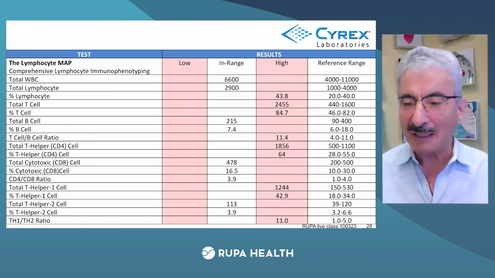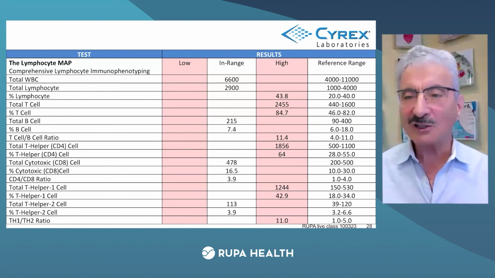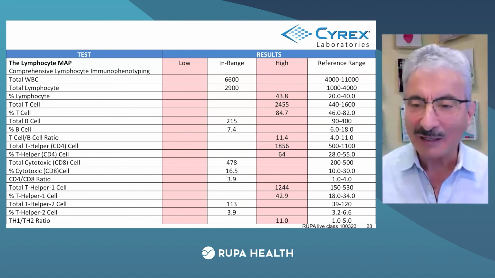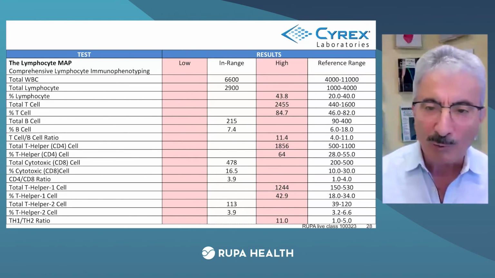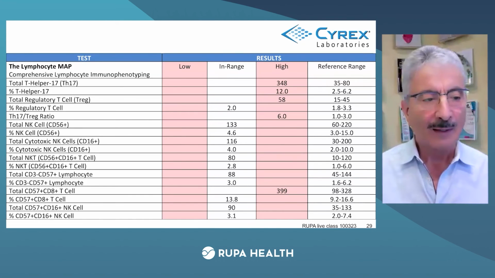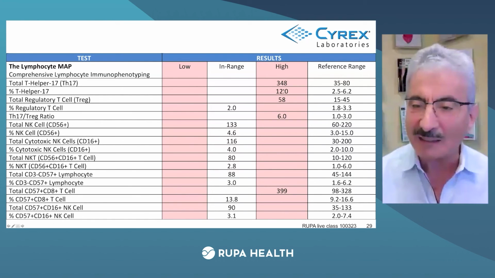You remember in the beginning when I put those slides about patients with lupus, those patients had a high number of Th1 and a normal or low number of regulatory T cells. Also, this patient has high Th17.